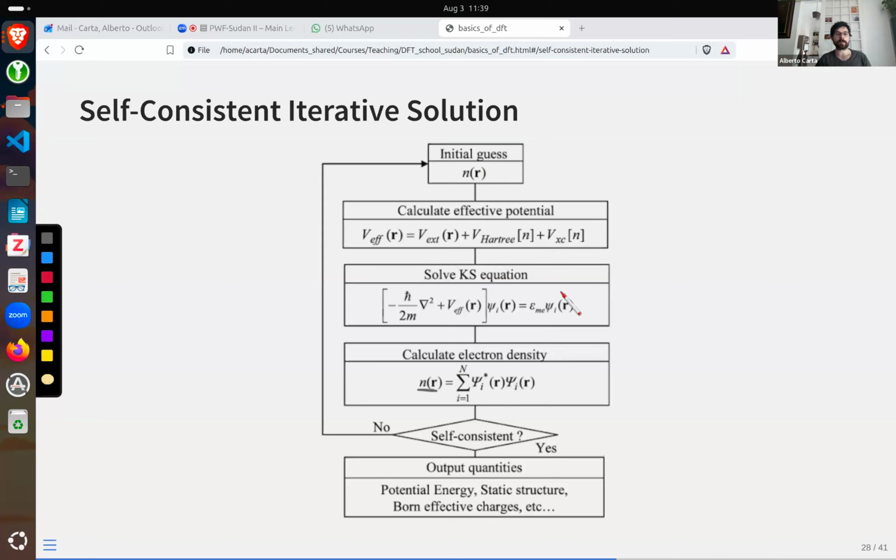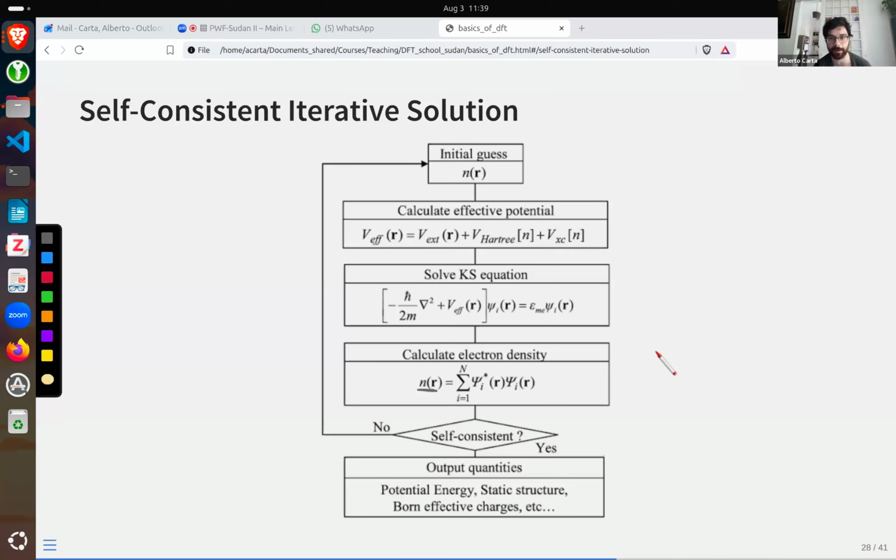So the question that I want to ask you is, in your opinion, which part of this cycle here is the most expensive part in terms of computational time? Is it guessing the initial step?